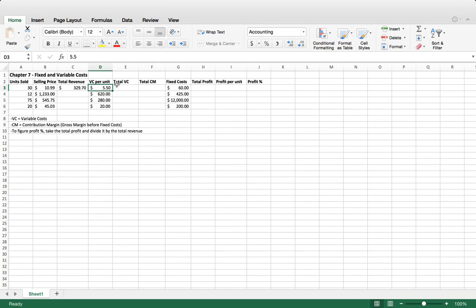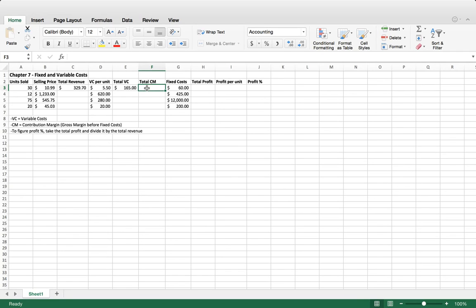Total variable costs: we know that our variable cost per unit is $5.50, so we take the $5.50 and multiply that by the number of units sold, and that gets us to $165. The contribution margin, or the gross profit from this particular example, is very simple.